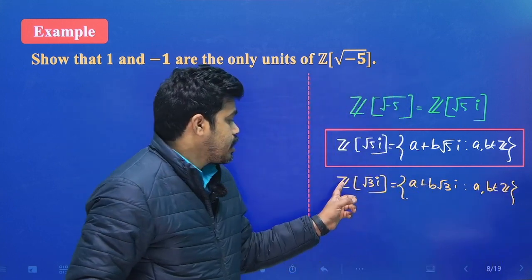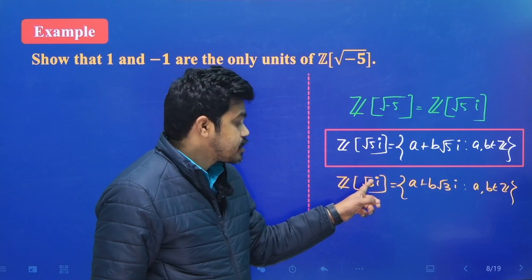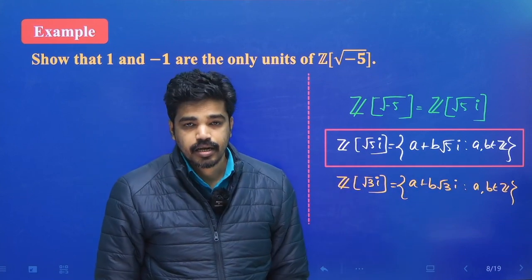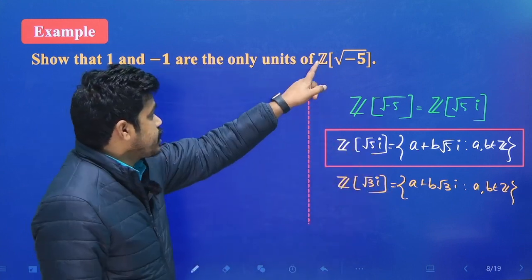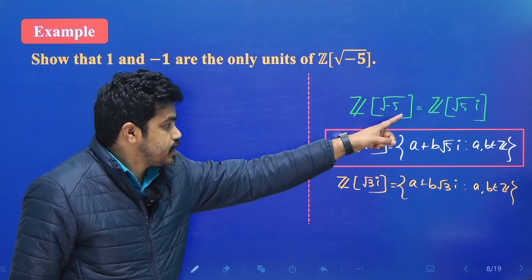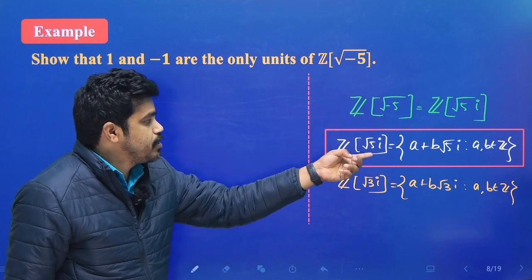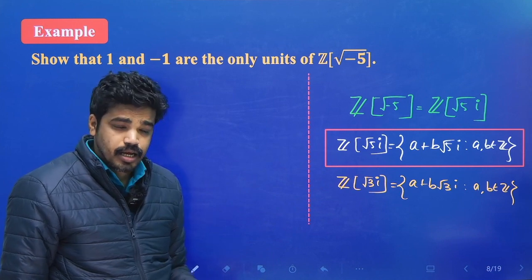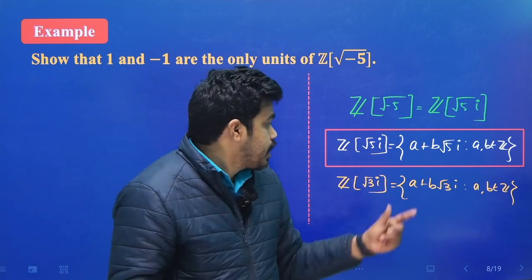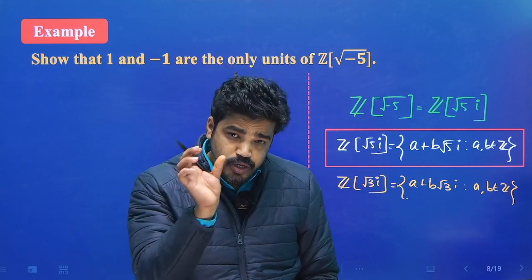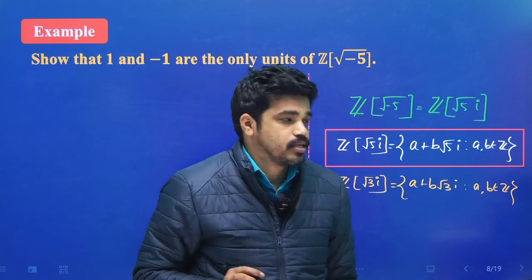Similarly, if Z root over 2i, that means a plus b root 2i, where a and b are integers. Okay. So here in the problem we gave Z root over minus 5, that means Z root over 5i. So what form will its elements take? a plus bi root 5. So suppose we consider a plus b root 5i, so this is the unit element, so we have to find the values of a and b. Okay.